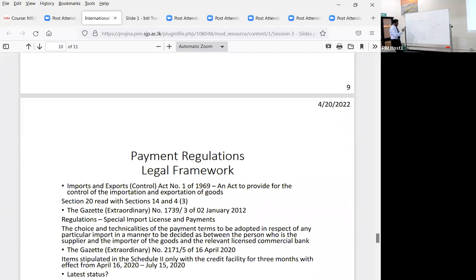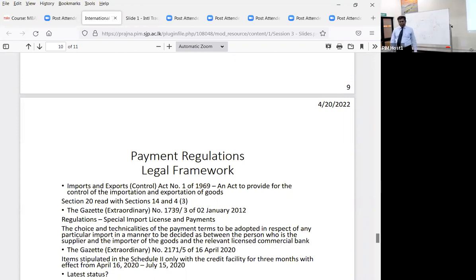Number 9, after that, the bank releases the documents to the importer. Number 10, he goes to the bank, takes the documents, and goes to the shipping line and gets the DO to take delivery or possession of the goods.